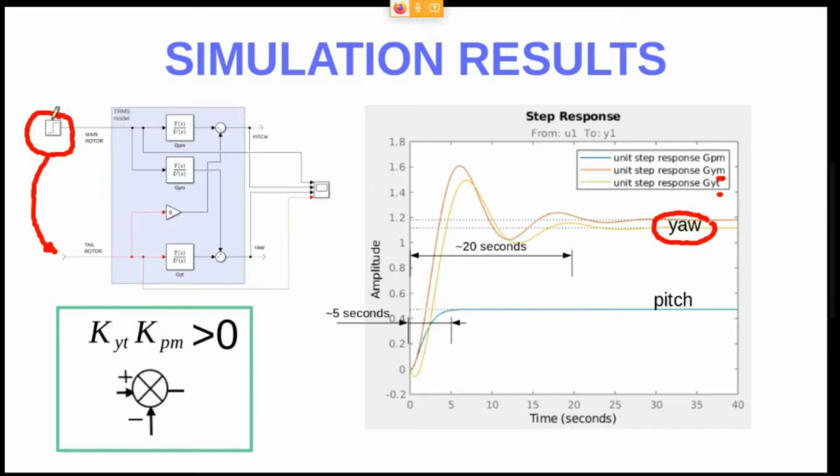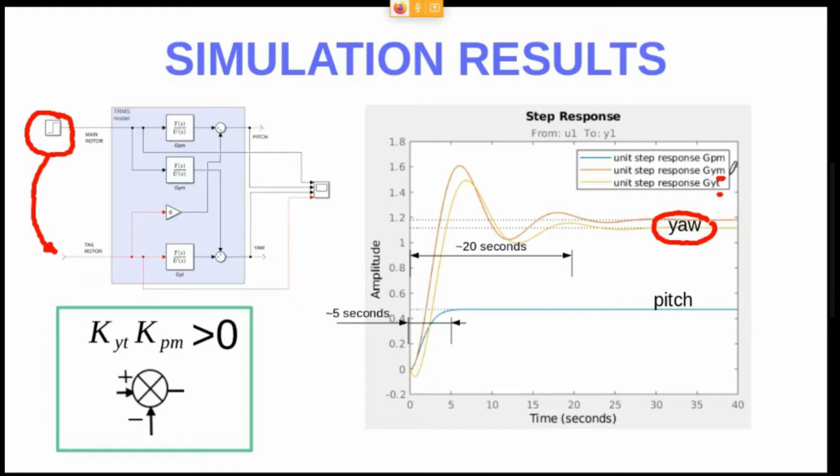So if you apply a voltage in here and the same voltage in here, the effect on the yaw angle is more or less the same. Afterwards, this will appear in our study, but it's a very important thing.